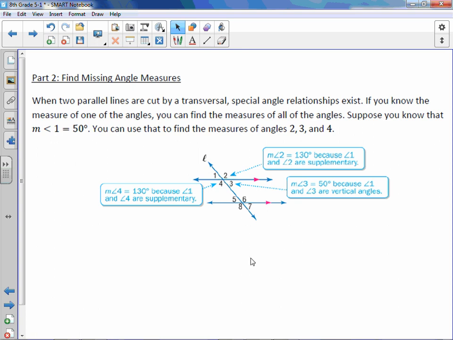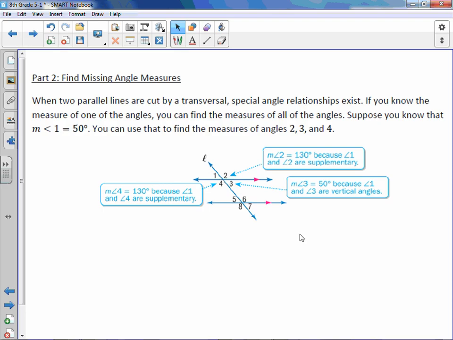Vertical angles and supplementary angles are a review from 7th grade. I'll just refresh you once more. Vertical angles are across from each other at an intersection. So 4 and 2 are vertical, 3 and 1 are vertical, 6 and 8 are vertical, 5 and 7 are vertical, and they're also equal.